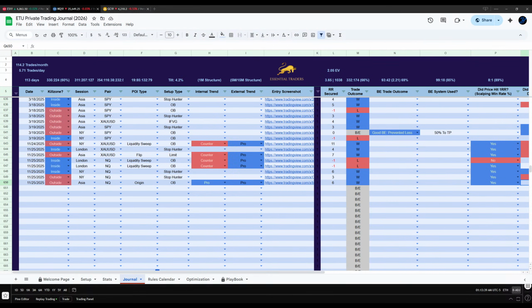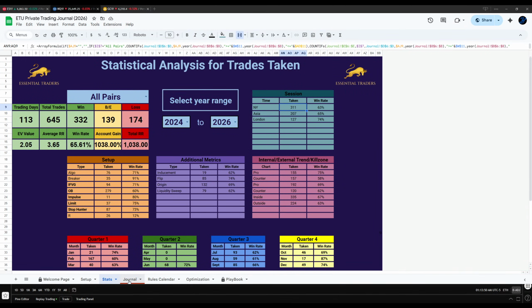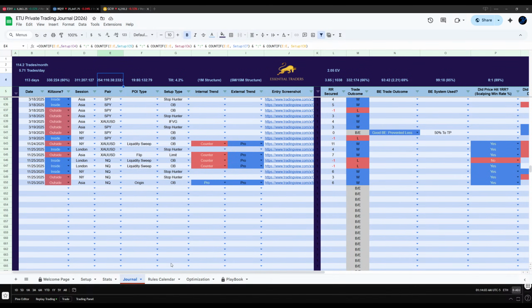The columns you for sure want to keep are day, kill zone, session, pair. Did I show you guys the kill zone win rate difference? I forgot if I did. It's right here. There's a 4% difference in win rate so far between inside and outside kill zone, which is not too significant, to be honest.